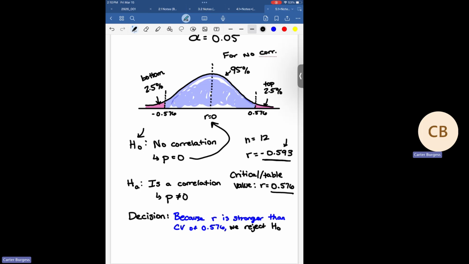And rejecting the idea that nothing is happening is the same as saying that there is strong evidence of a correlation.